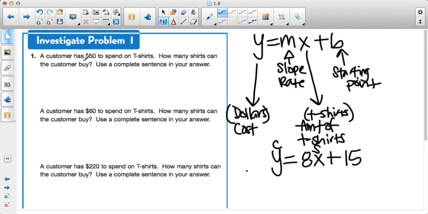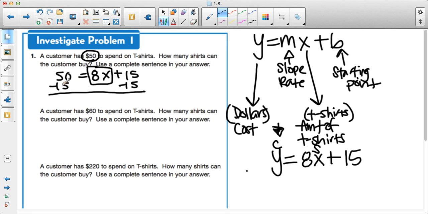So looking here, a customer has $50 to spend. Basically, I'm going to plug that in here because I want to know if I have $50 to spend, how many t-shirts can I buy? Well, here are those basic skills of solving linear equations. So remember what we do. We box, subtract 15 both sides. There's more on the floor, so I have to borrow from next door. 10 minus 5 is 5. 4 minus 1 is 3 equals 8x.